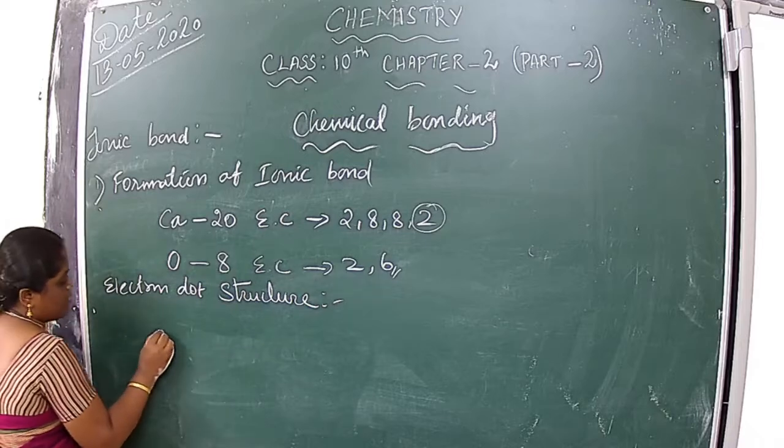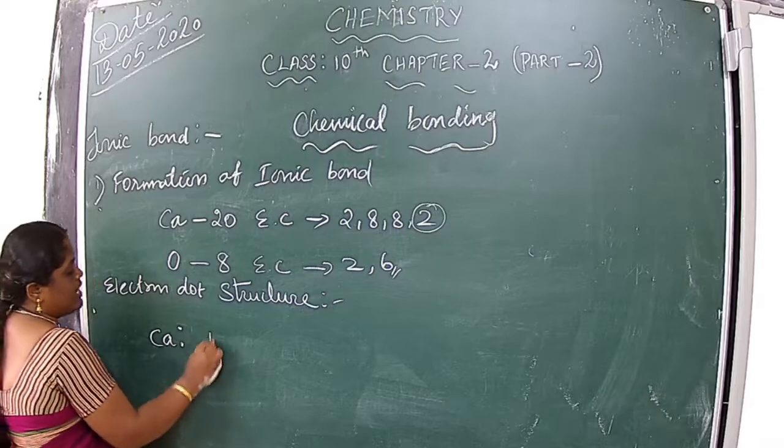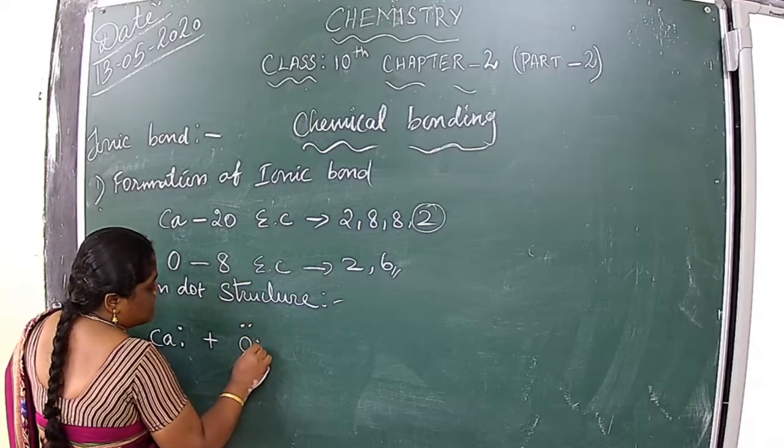See, calcium has 2 valence electrons, and oxygen has 6 valence electrons.